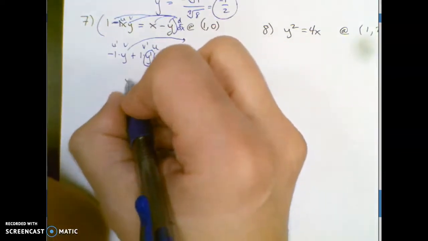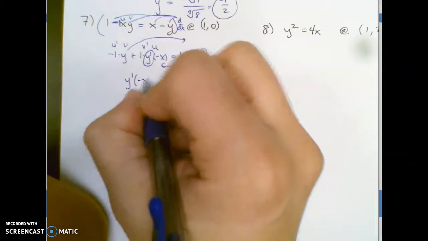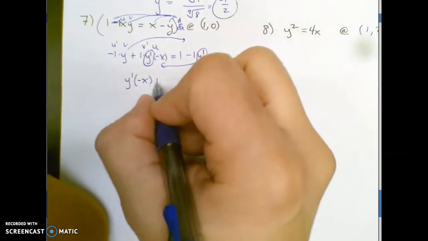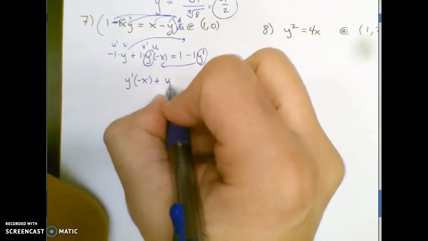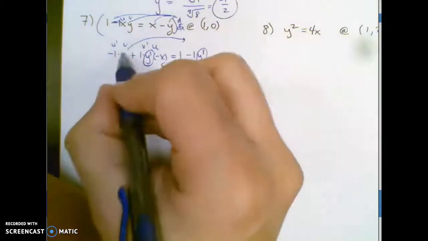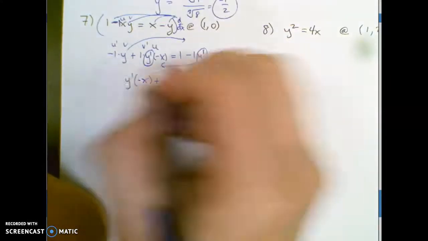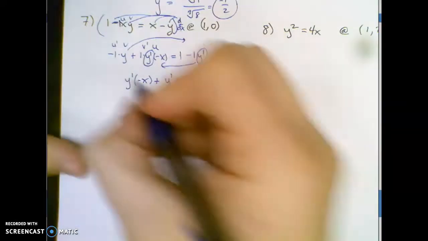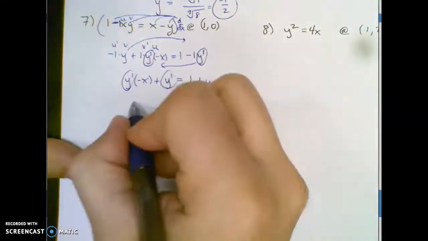So here I have y prime times negative x. And I brought over this guy with addition, so it becomes a positive y prime. The other side already had a 1, and I'm bringing this guy over, and it'll be a plus y. All right, so now I've got my y primes on the same side. Now I need to factor it out.